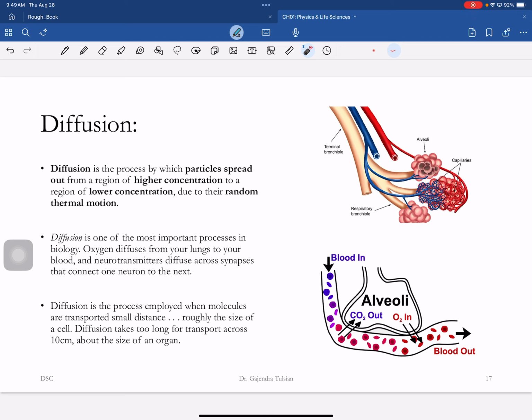The carbon dioxide concentration here is higher than in the air, and it diffuses there. Okay? All right, so when molecules have to be moved small distances, over a few cells and so on, diffusion is the process that's happening. So it's happening all over your body. Okay? Why do you need oxygen, by the way?